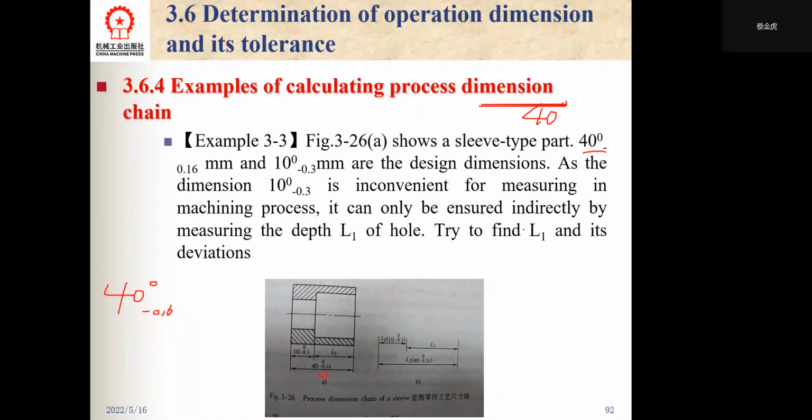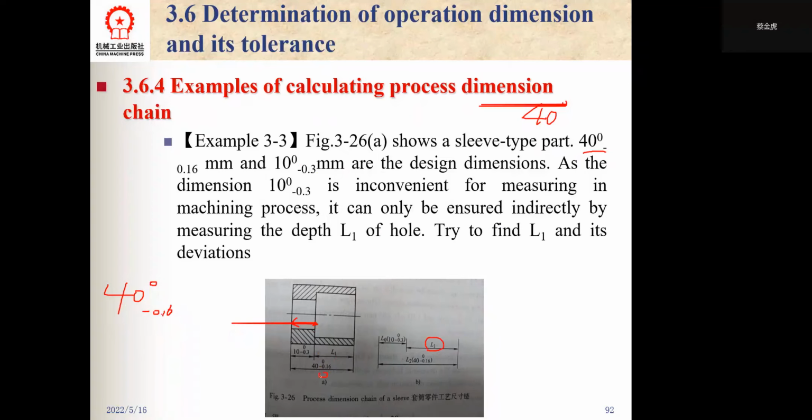In this figure, the dimension of this part is inconvenient for measuring because it is in the hole. It can only be measured indirectly by measuring the depth L1 of the hole. So the question is to try to find L1 and its deviation.